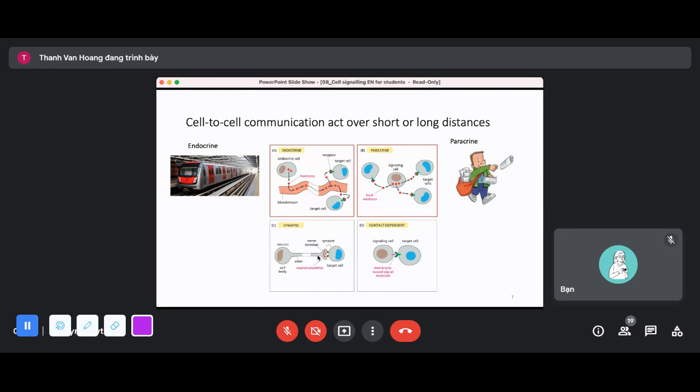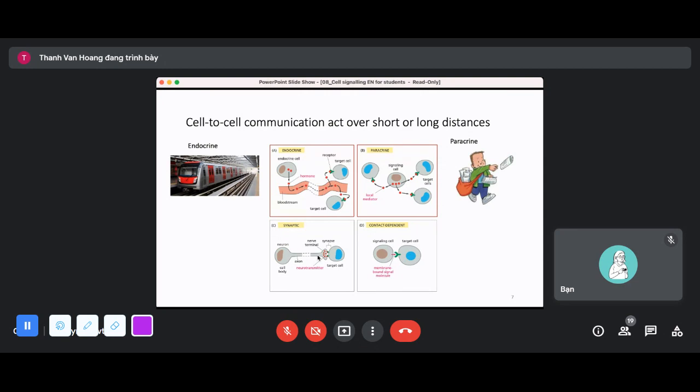The third type of cell-to-cell communication is synaptic. We already talked about acetylcholine, a neurotransmitter secreted by neurons. It affects a number of cells, like the heart muscle cells, also the gland cells, stomach muscle cells, and so on.